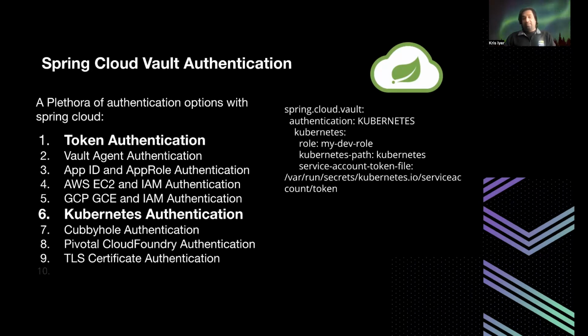It's very easy to configure. On the right, I show a little example of how you would authenticate using a Kubernetes role and service account role and just configure that. It's as simple as dropping a few lines of configuration in your YAML file in your Spring Cloud configuration, and you're up and running with that.